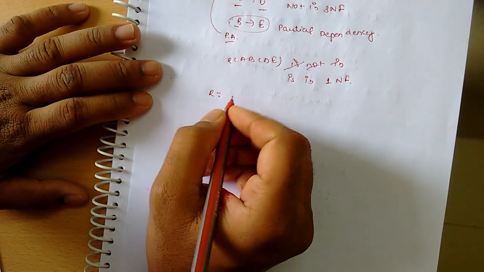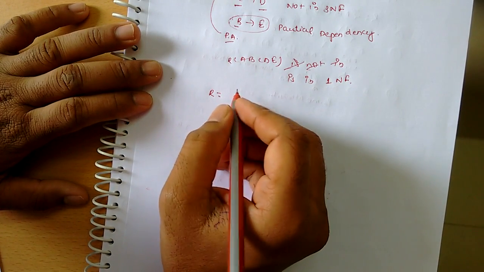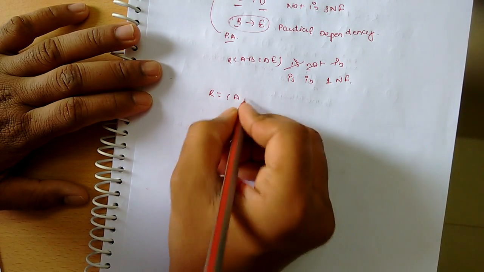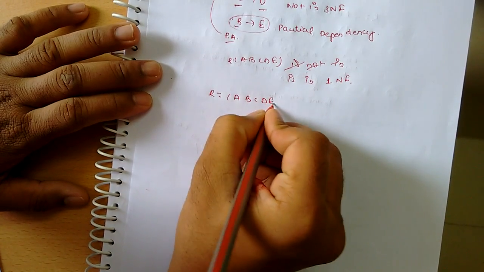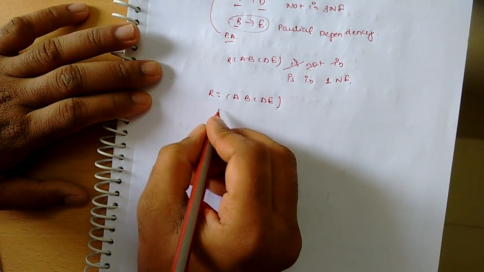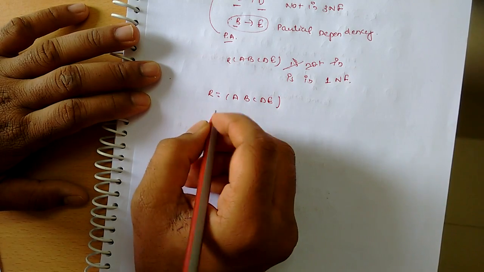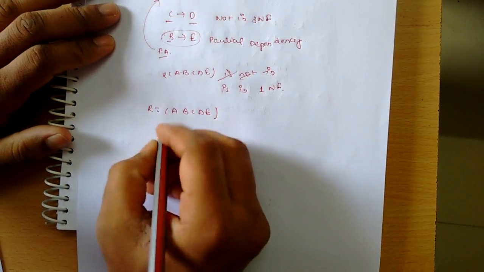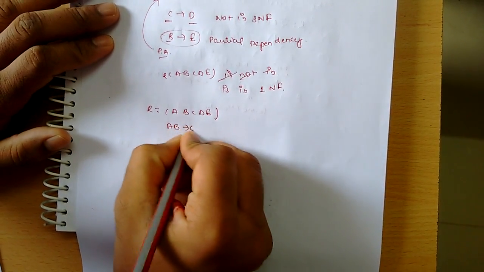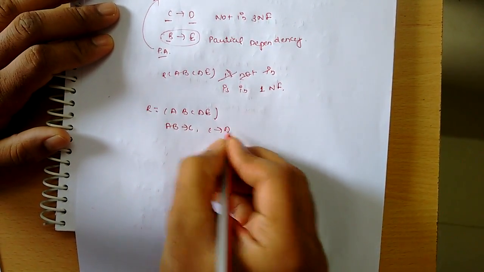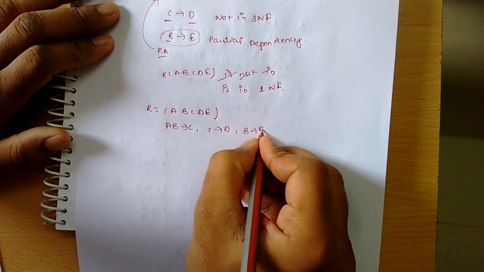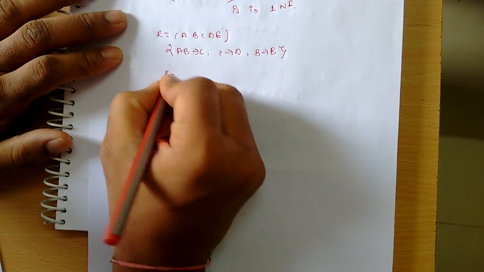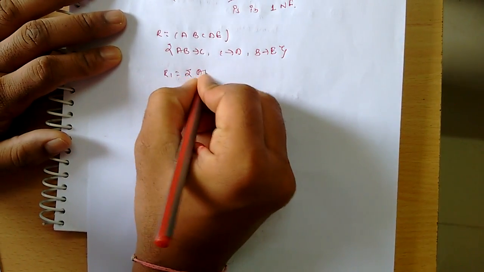So our original relation was ABCDE, and we will decompose it.